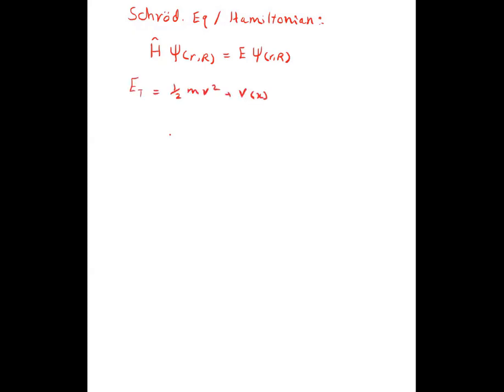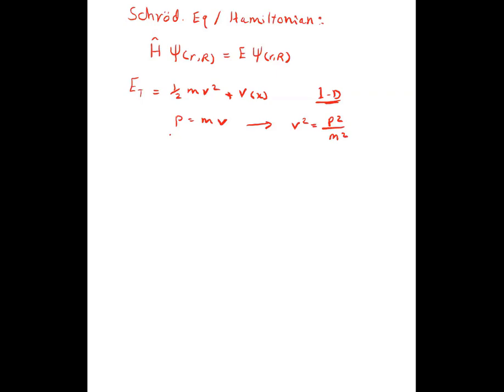So let's talk about one-dimensional coordinates, in classical mechanics. If we write in terms of momentum, where p equals mv, and we rearrange and square it, v squared will equal p squared over m squared.